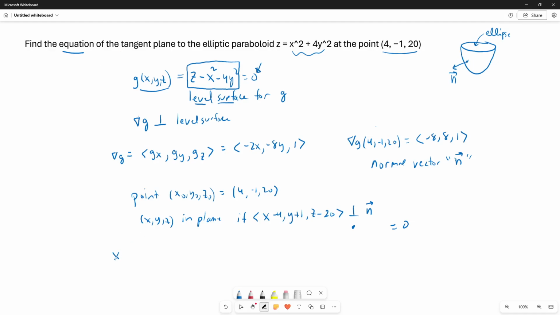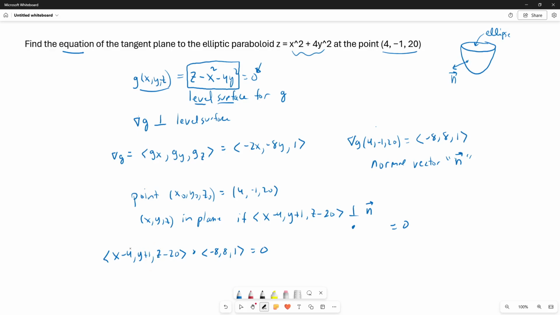So we take the vector (x minus 4, y plus 1, z minus 20), and we dot it with the gradient of the function of three variables, which is a level surface. That was the vector (negative 8, 8, 1). Dot those together, and that should be 0, because these two vectors should be perpendicular to each other.